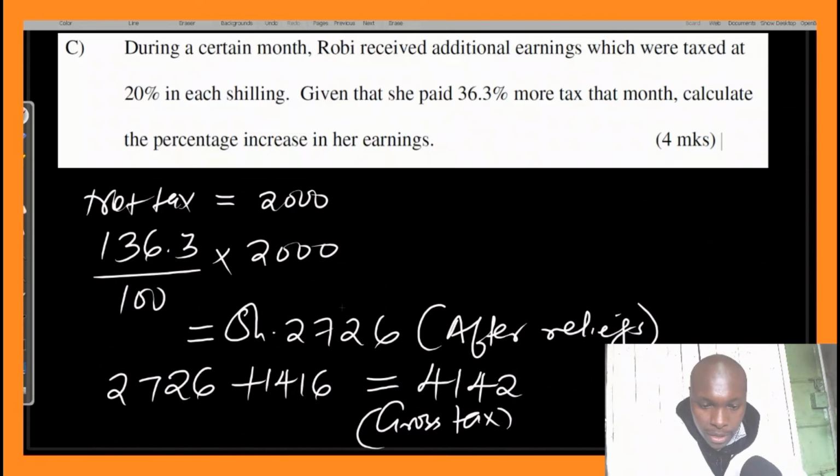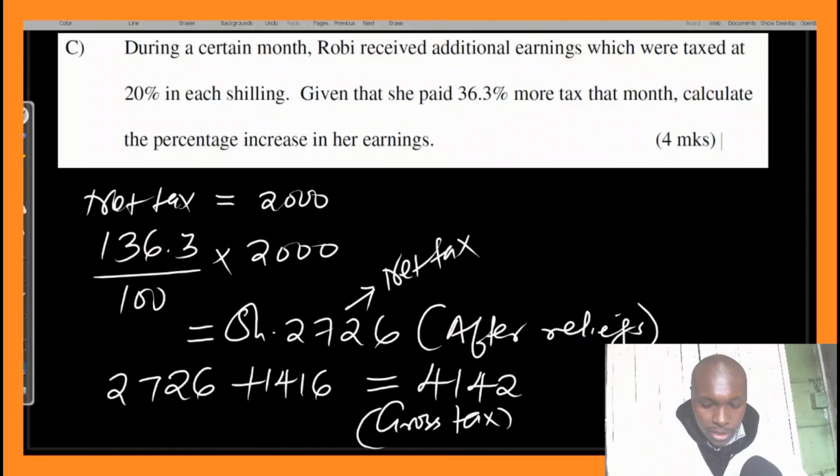This one is the gross tax. Remember, 2726 represents the net tax, and net tax is obtained after having subtracted the reliefs. So the figure that we get here, 4142, is before the reliefs are subtracted. So 4142 is the gross tax. Then the net tax is 2726.